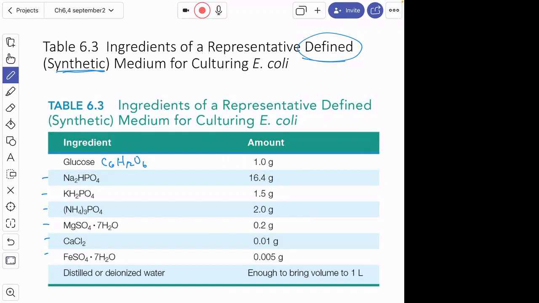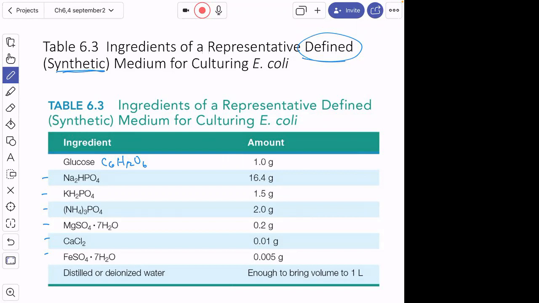Using a defined media is oftentimes sort of unnecessarily cumbersome and troublesome to prepare because it's so exact. But sometimes we use that media if we're trying to grow an organism that doesn't have very many requirements.